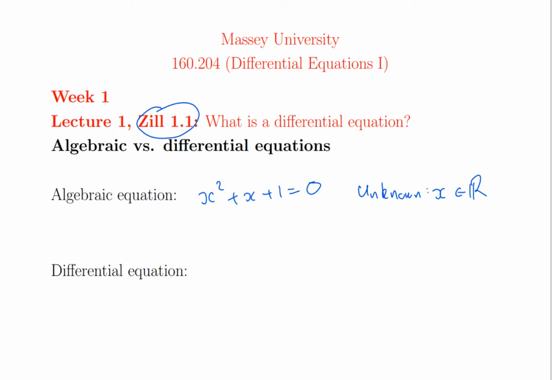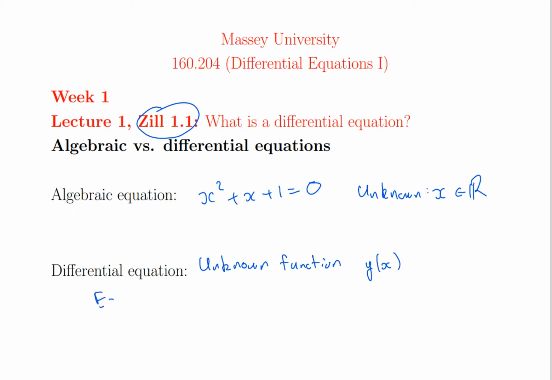You've probably also met systems of algebraic equations where you have several equations and several unknowns. But differential equations are different because they have an unknown function. We're not looking for an unknown number, we're looking for an unknown function, for example, might be called y of x. And then the differential equation will involve the derivative, x, and y itself, the unknown function itself.